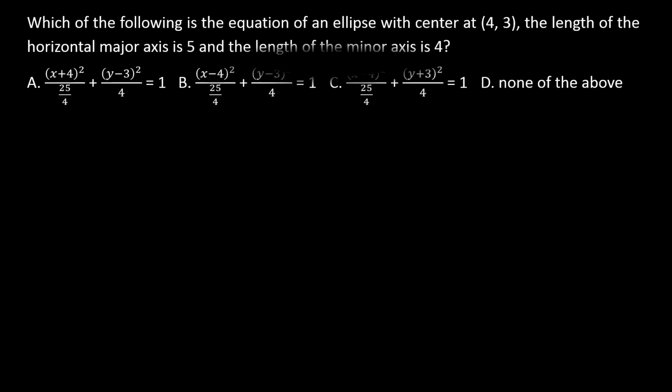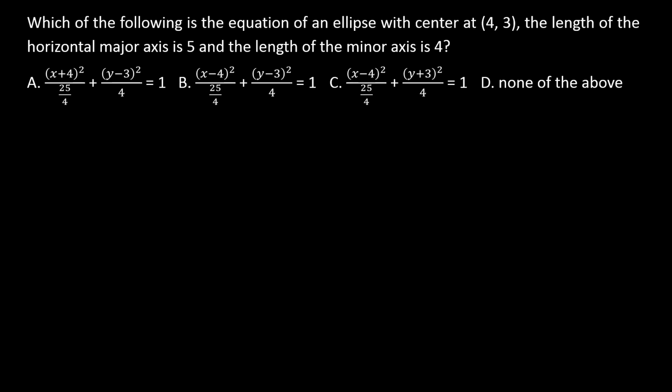Next, we have another problem on ellipse. Which of the following is the equation of an ellipse with center at (4, 3), and the length of the horizontal major axis is 5, and the length of the minor axis is 4? It is very easy to identify which of the two types of equation of an ellipse with center at (h, k) applies, because the horizontal major axis is 5.